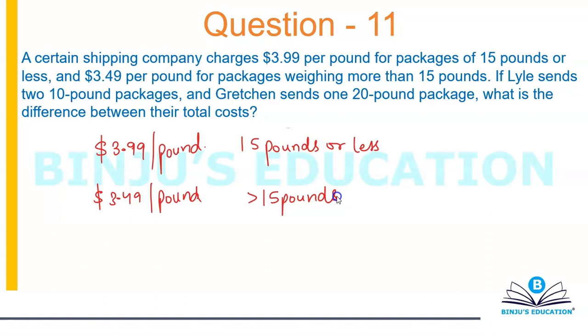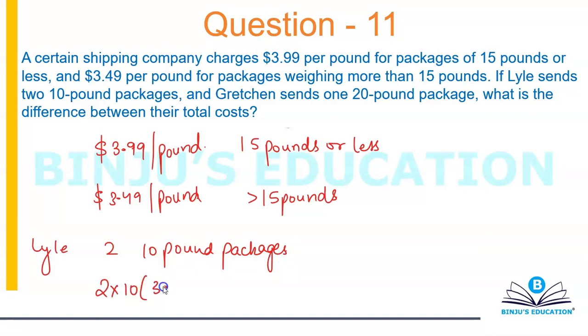If Lyle sends two 10-pound packages, she'll have to pay a total of 2 into 10 into 3.99, because for 15 pounds or less, we need to pay $3.99 per pound. So the total cost that she'll be paying is 20 into 3.99, which is $79.8.